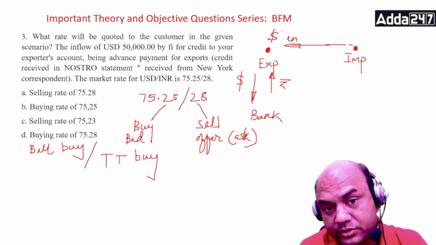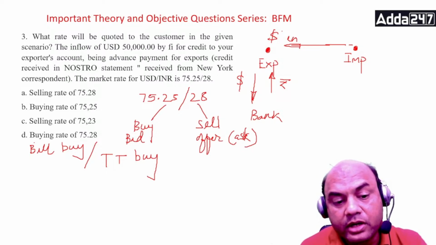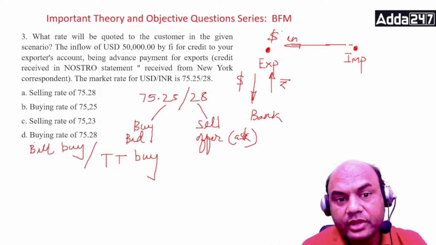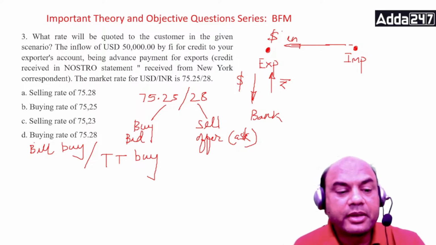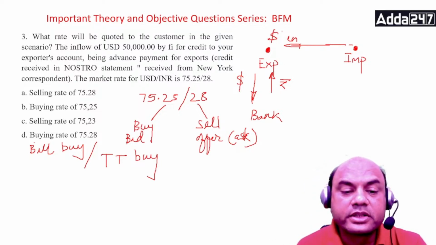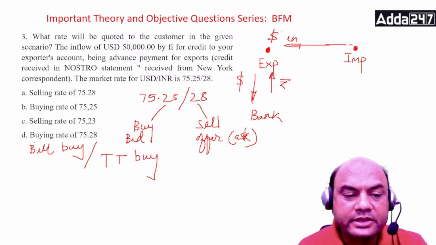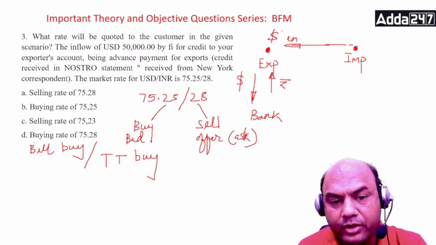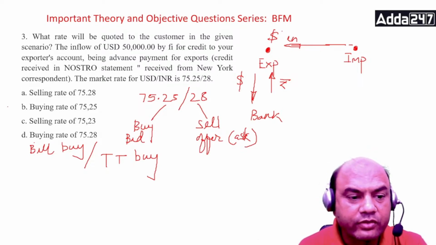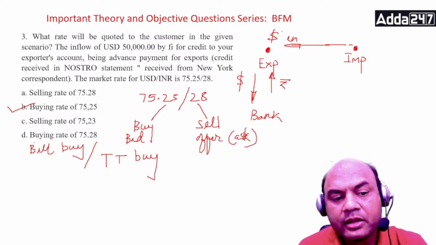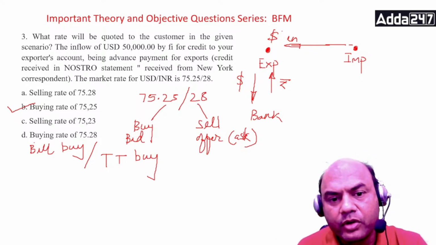I'll answer that also. Bill buying or TT buying? Tell me. For the first question you have got the answer. The answer is the buying rate of 75.25. B is the answer. You have got the answer.